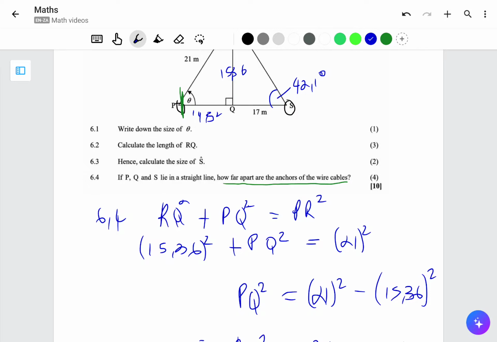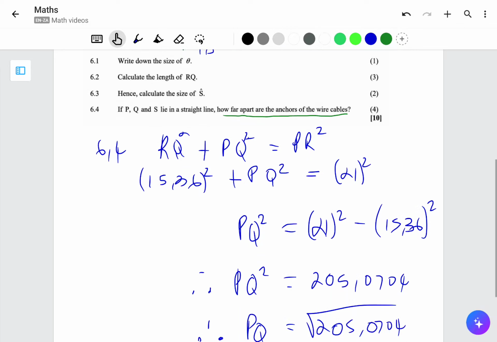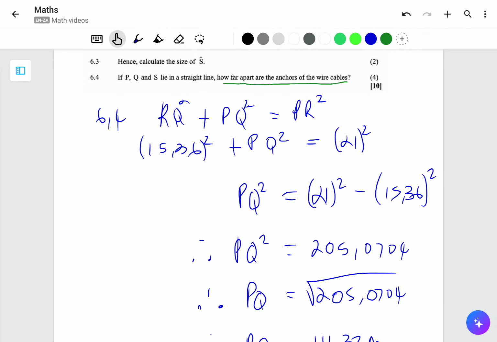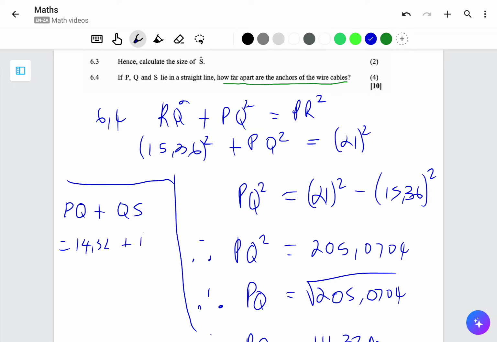So how far apart? PQ plus QS equals 14.32 plus 17, and then you can just do the math, and that's going to give you 21.32 meters.